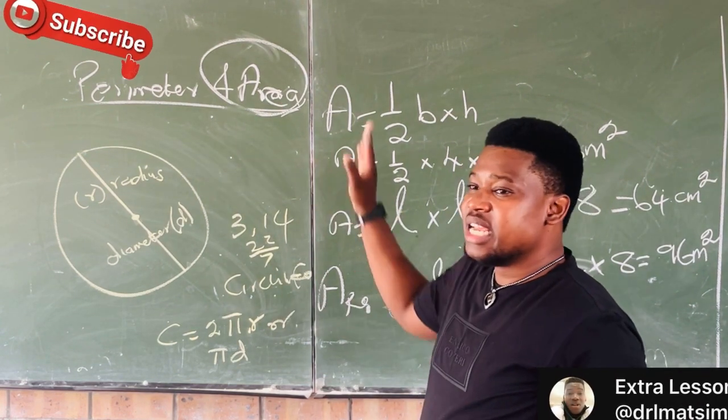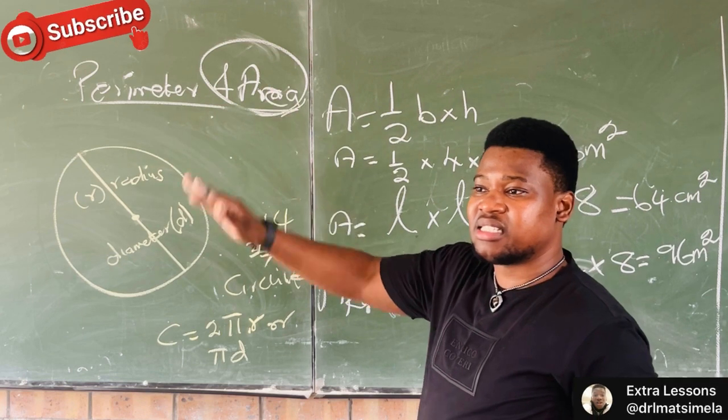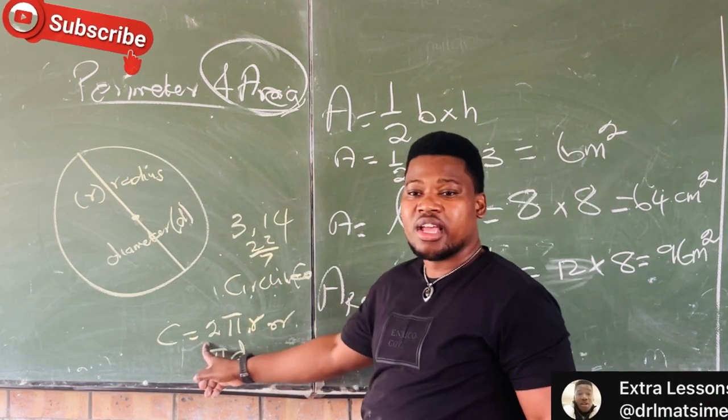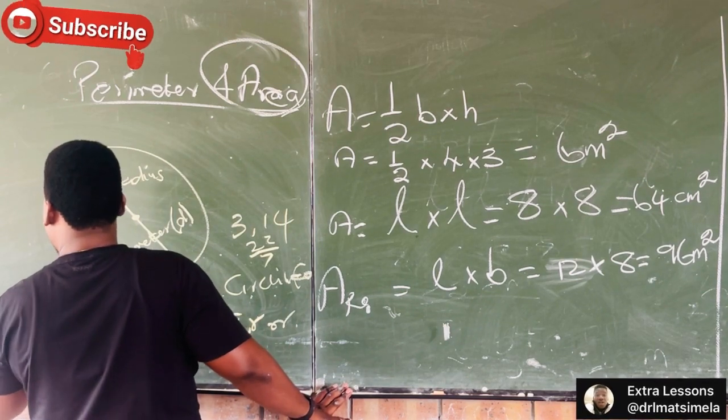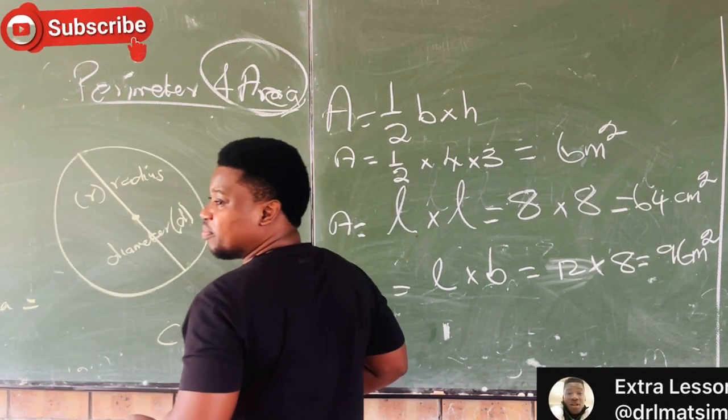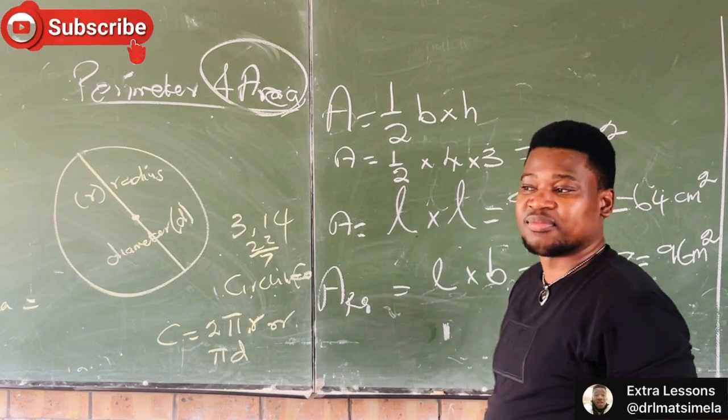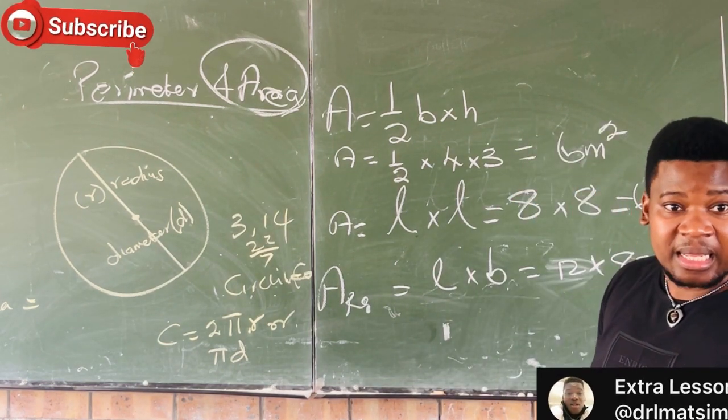Now this circle has the circumference, and also the area.